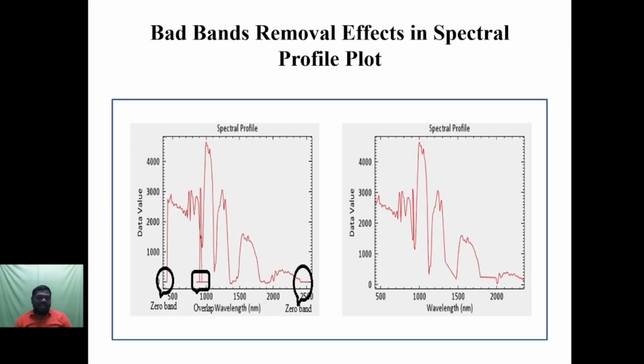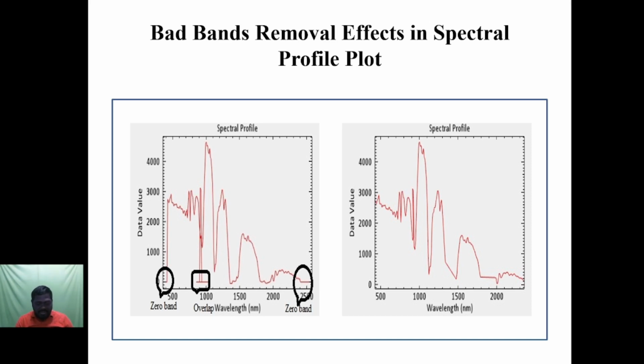After the bad band removal, you can see the variation in the spectral profile plot in your spectral library, in the spectral window. In the first left side figure, you can see the zero band and overlap region, where the spectral signature is going down to zero.